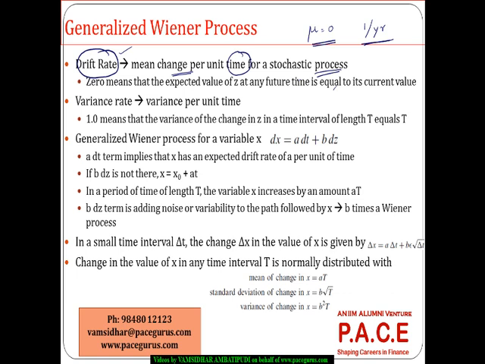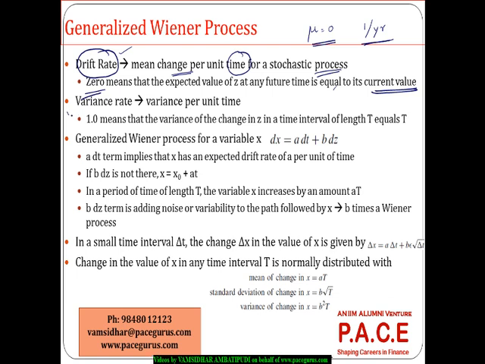If the drift rate is 0, it means that the expected value at a future date is always the same as the current value, because change has a mean of 0. So the expected value at a future time is always equal to the current value itself.